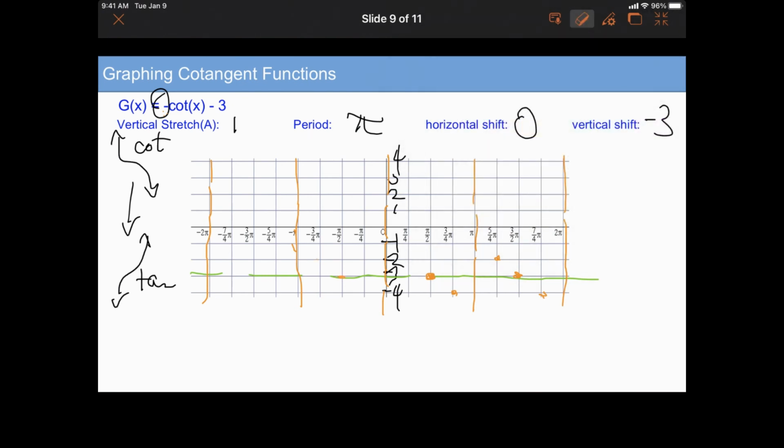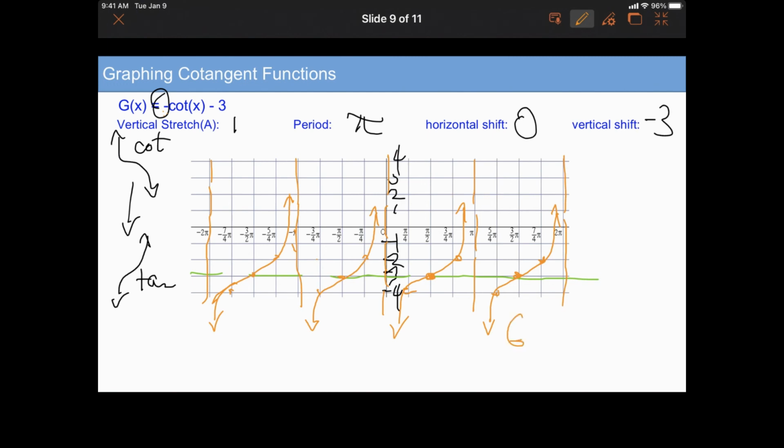I just told myself we were reflecting it, and I didn't do it. Okay, so it's looking like a tangent. But it is not a tangent because the asymptotes, as we know, are in the position of a cotangent.